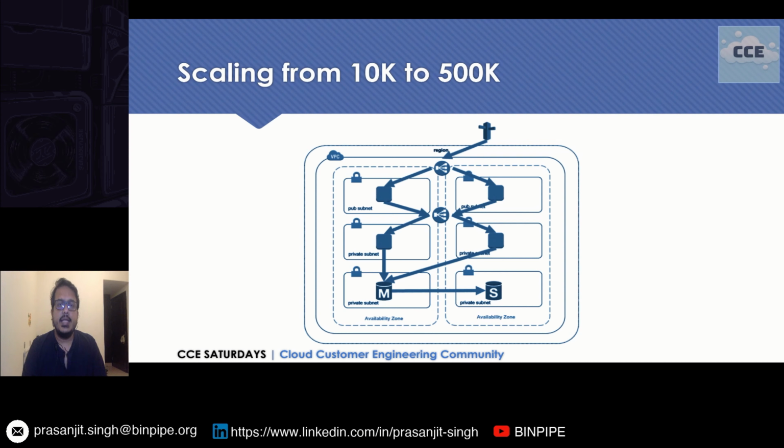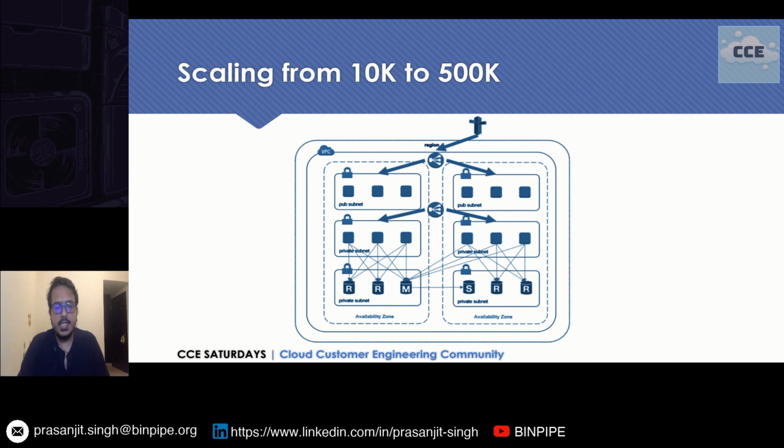All right, and what else do we do to sustain 500,000 users? Splitting your databases into reads and writes. In this diagram, you can see you have your application servers in different availability zones, and they can horizontally scale, and you have your private subnets where you have your applications running. So you have a three-tier architecture.